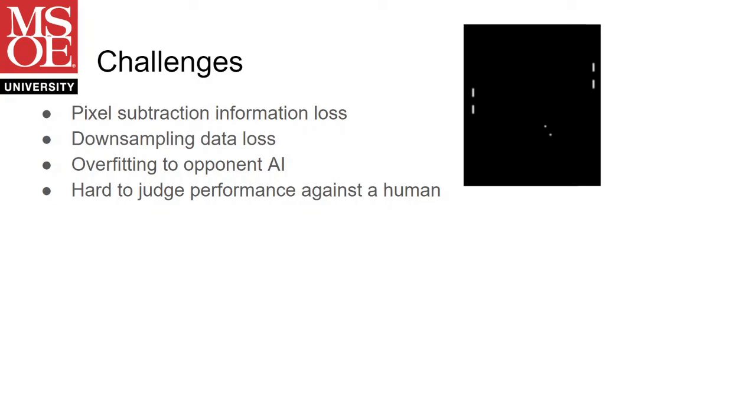Ideally, in a future model, we'll work around this and maybe don't calculate the diff across the paddle or something to that effect. But for now, this worked perfectly well in letting our model train a little bit better. There's also some information loss from the downsampling.